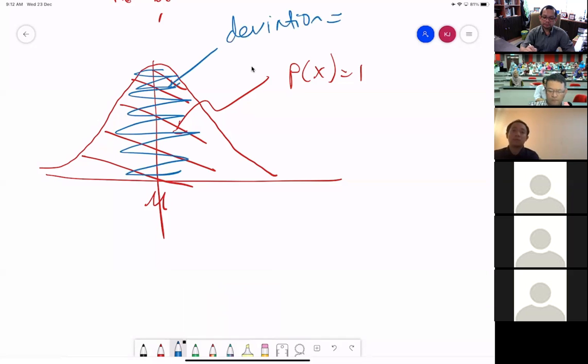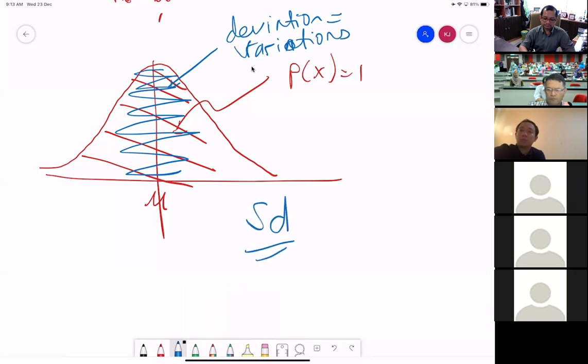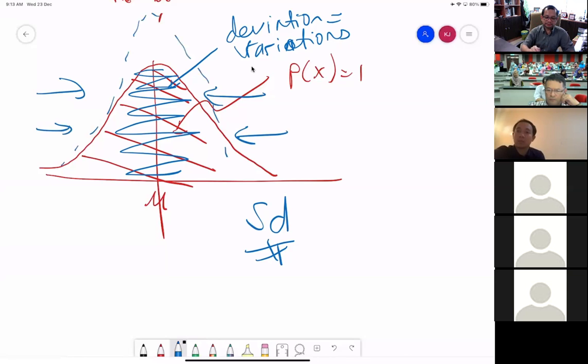The deviation, or what is related to the variation, is related to the standard deviation. So our purpose to minimize the variation is to squeeze this. When we squeeze this, the peak will increase. That's our purpose.